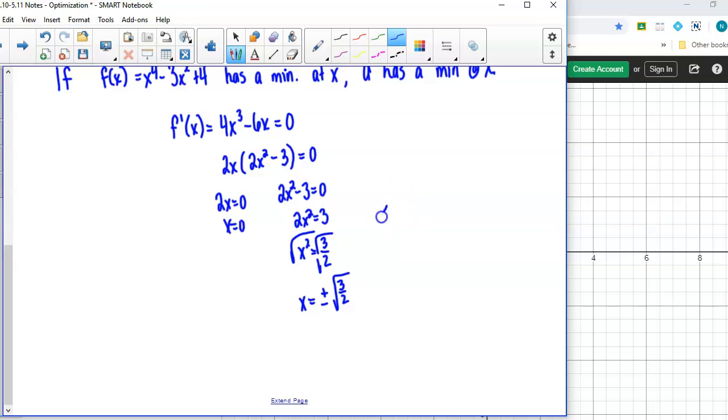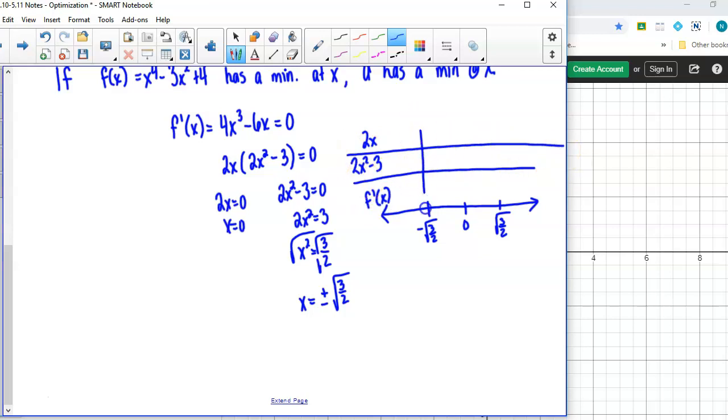So if I put that on a sign line, negative square root of 3 halves, 0, and positive square root of 3 halves, and I've got 2x and 2x squared minus 3, and I want to know what f prime of x looks like. 2x, that's negative for anything below 0.